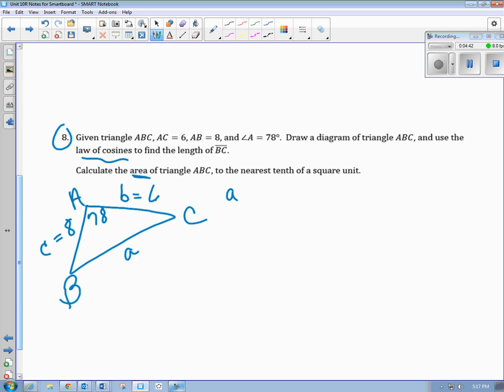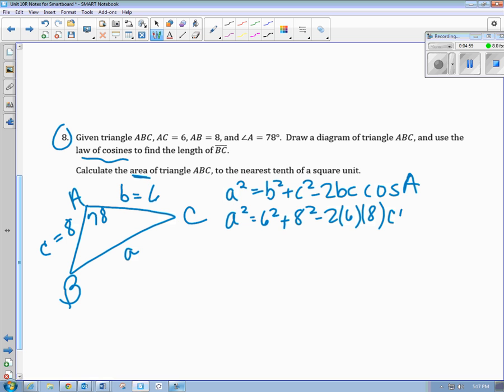So my equation, A squared equals B squared plus C squared minus 2BC cosine A. Plug in what I know. A squared equals 6 squared plus 8 squared minus 2 times 6 times 8 times the cosine of 78.